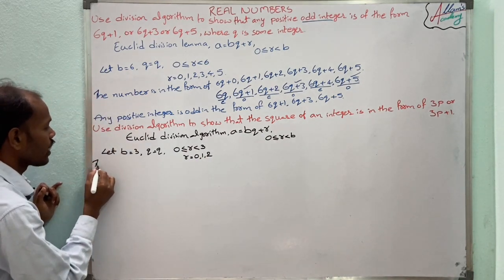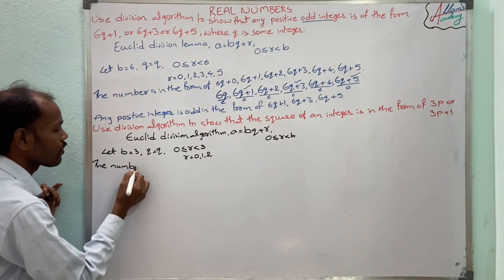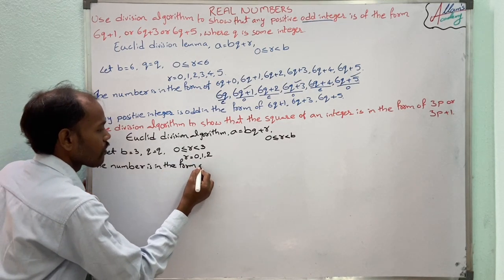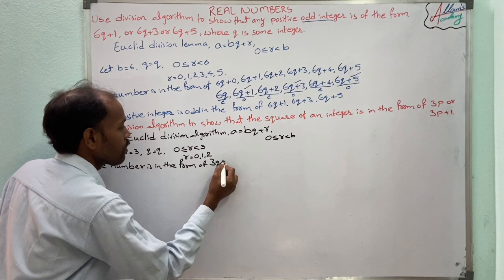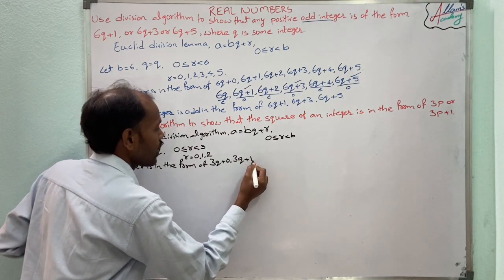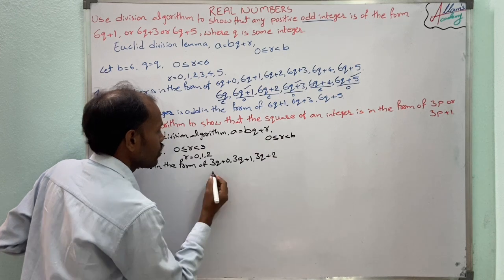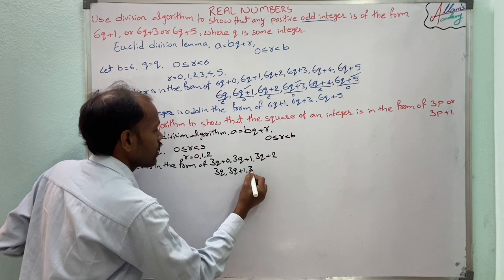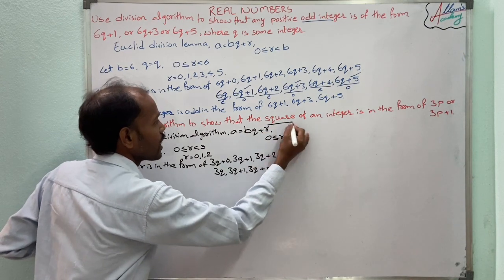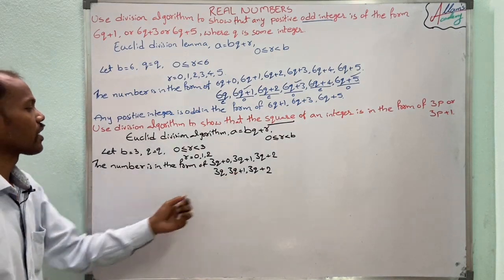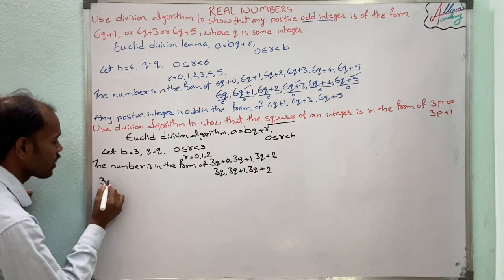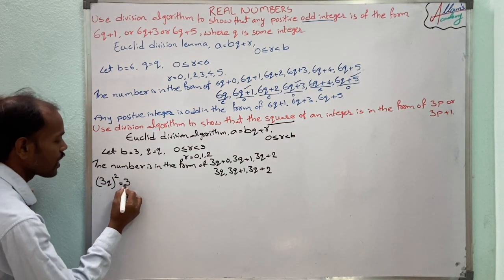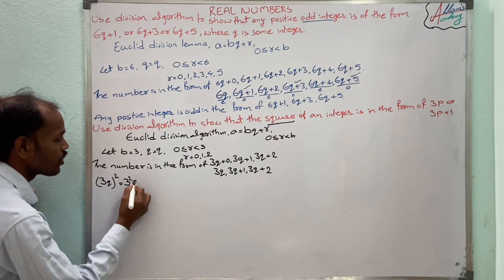So now the number is in the form of 3q plus 0, 3q plus 1 and 3q plus 2. 3q plus 0 is nothing but 3q. Here the square of an integer is given, so we square these. First, 3q whole square. 3q whole square will be written as 3 square into q square.